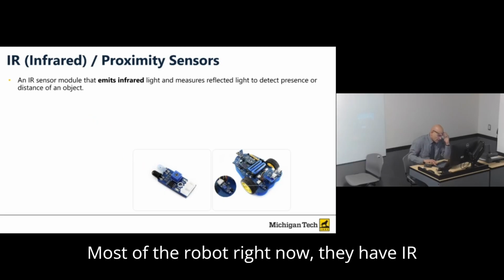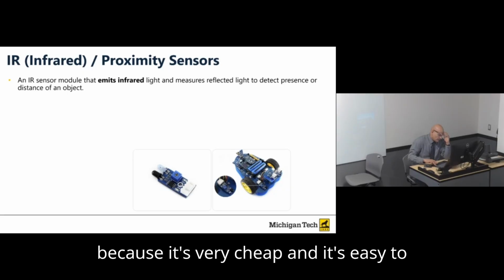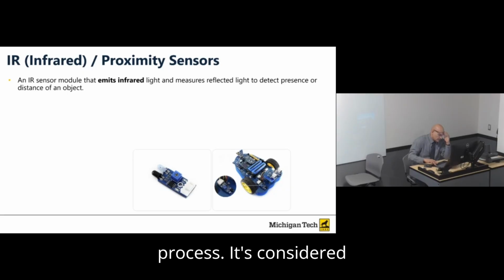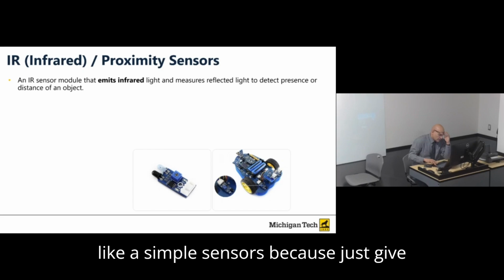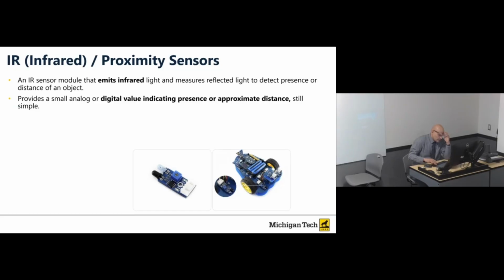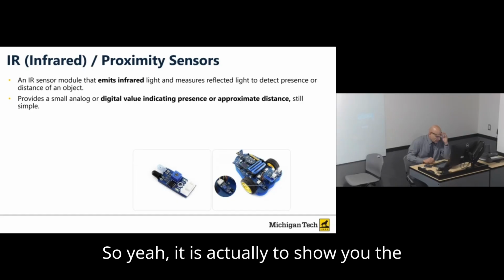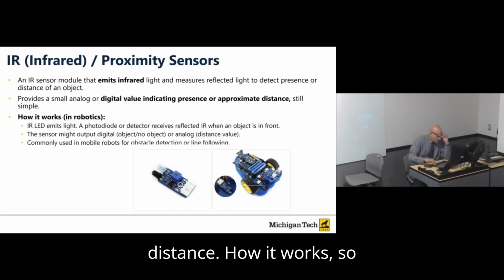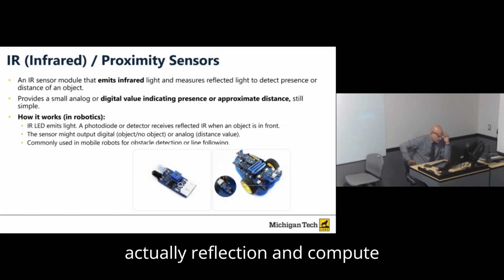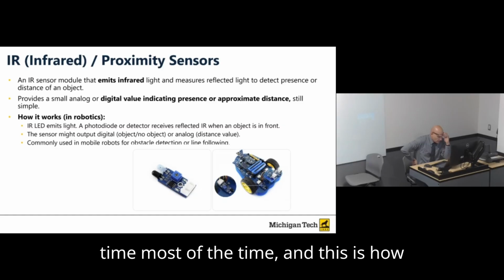Most of the robots right now have IR because it's very cheap and easy to process. It's considered a simple sensor, because it just gives you a number. So it shows you the distance. How it works: the LED emits light, and they wait to get the reflection and compute time most of the time.